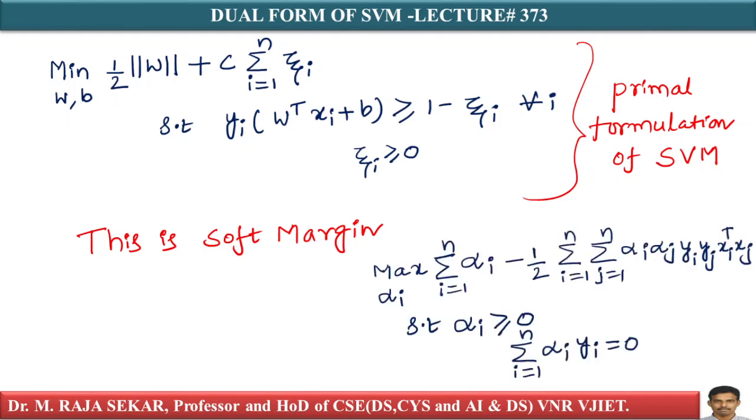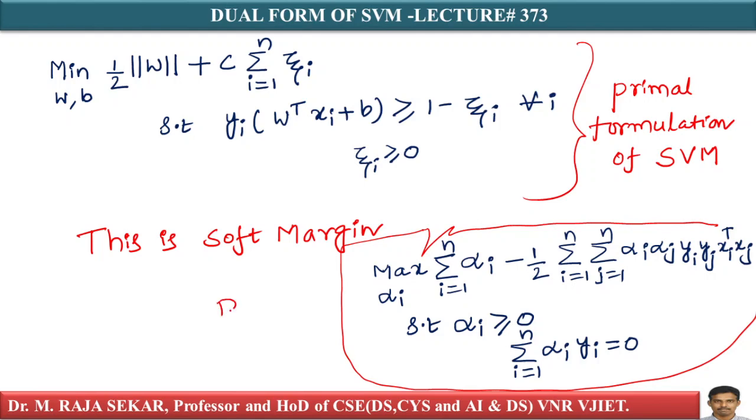It looks like this. What is this? Maximize over alpha. This is the dual, to speak strictly.